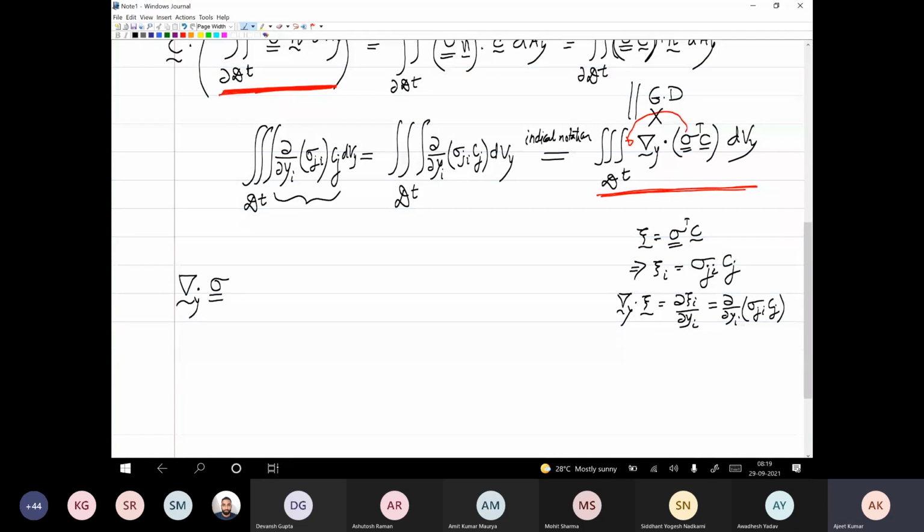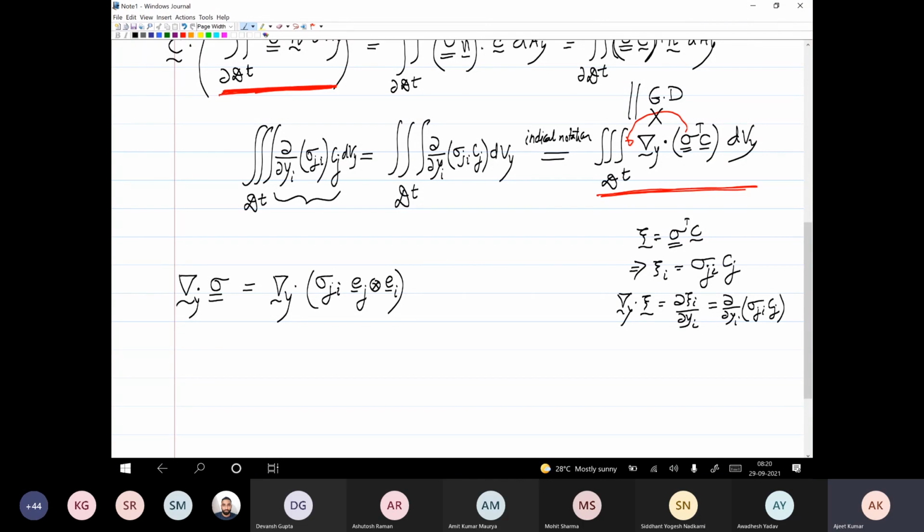Okay, so I'm doing divergence of second order tensor sigma. Let's try to find out its indicial form. Can I write this as divergence y dot sigma ij, and to make it more resembling with what we have, I'll say it is sigma ji ej tensor product ei. Okay, that's the stress tensor sigma, just written down in an expanded form.